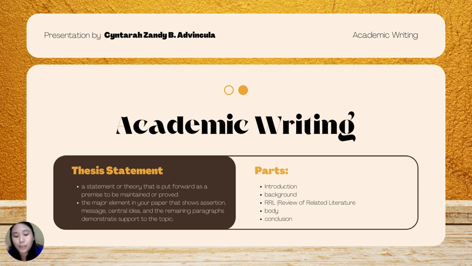And of course, you have the body where the discussion happens and the conclusion where it ties up everything together. Okay, so those were actually like the shortcut discussion for that. But if you're already in the writing process, we have more discussion under this part.